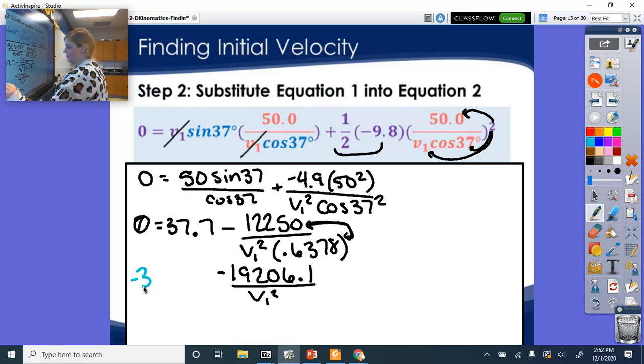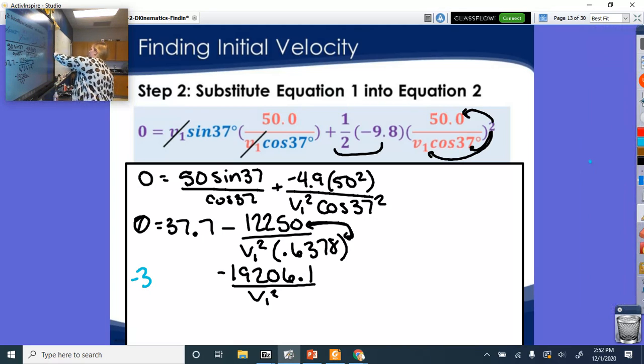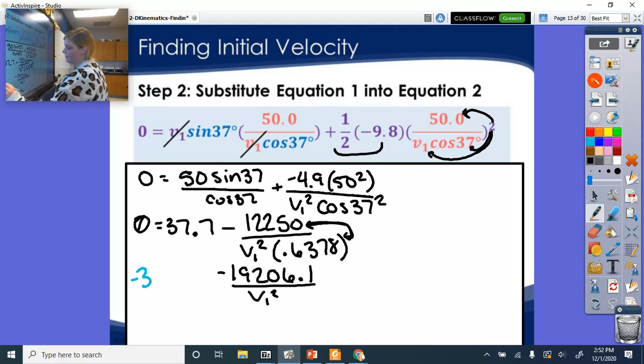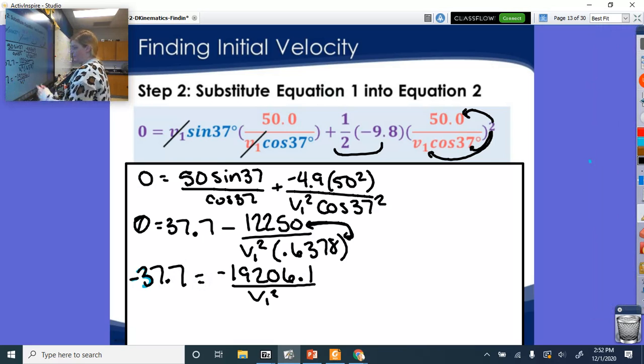Negative 37.7 equals my negative 19206.1. Since they're both negative, I'm just going to change them both to positive because they're going to cancel each other out anyway in the math. And then I would multiply this over and then divide that back over. So I'm basically flip-flopping the position.